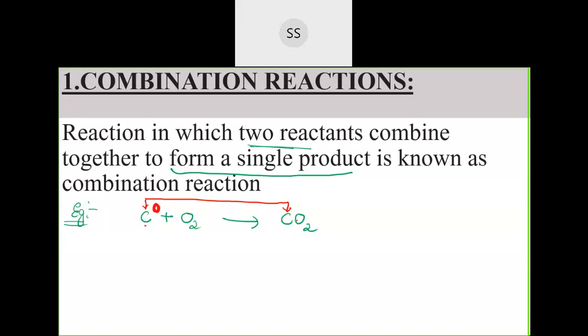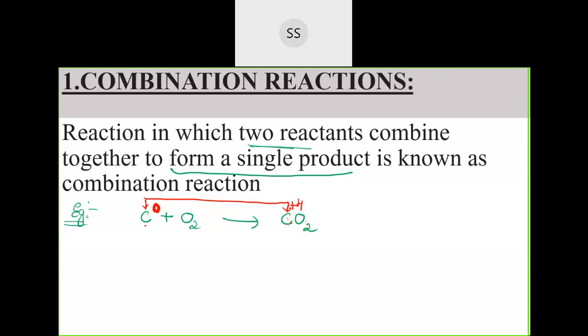What about this carbon which is there in the combined form with oxygen? When they are in the combined form, oxidation state of this carbon over here is plus 4. You can calculate, no? Minus 2 of oxygen into 2, that's plus 4. Now you do mind calculation. You know how to calculate it. So here in carbon dioxide, the carbon is plus 4. But when they are in the elemental state, it is 0.